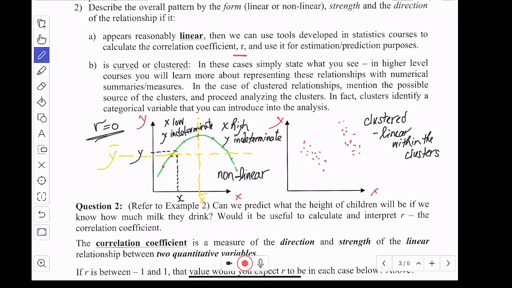And you'd say, okay, it's a cluster relationship, linear within the clusters. It's a strong linear. I could say moderate. Let's say moderate again. Moderate, linear, and negative. When x is high, y is low. When x is low, y is high. It's an opposite relationship.